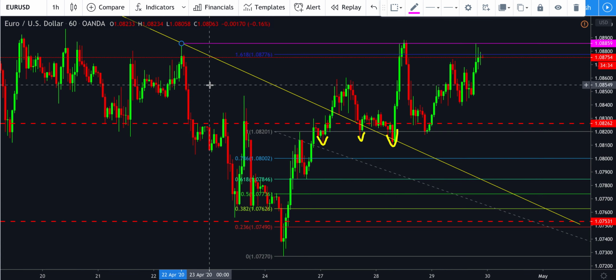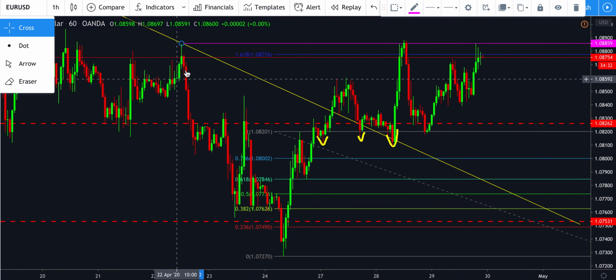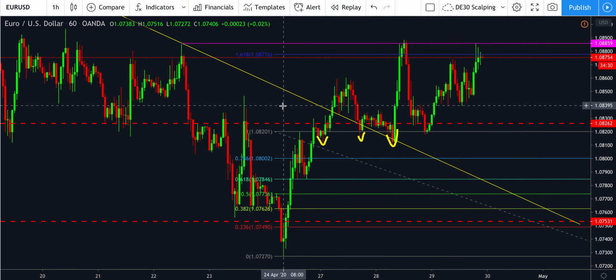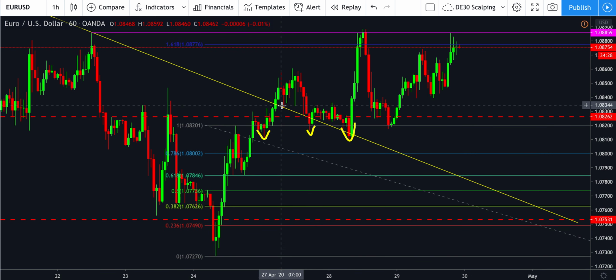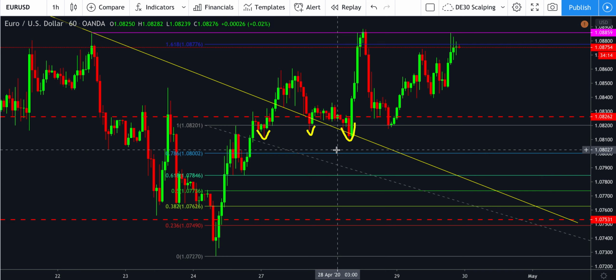Please take note of these levels, because I know that lots of people are doing analysis, but they are not being accurate enough. What is important to me when I draw these lines is to get an idea of what I can do below the lines or above the lines.